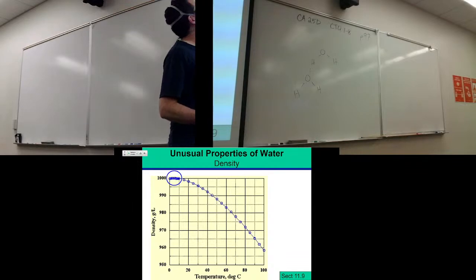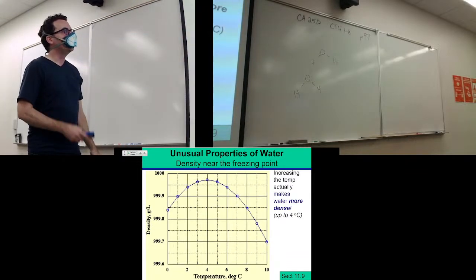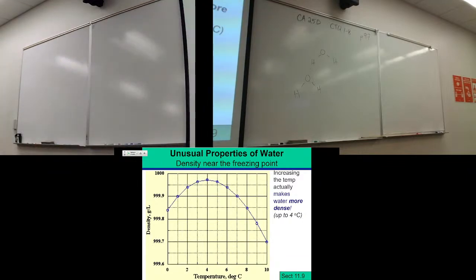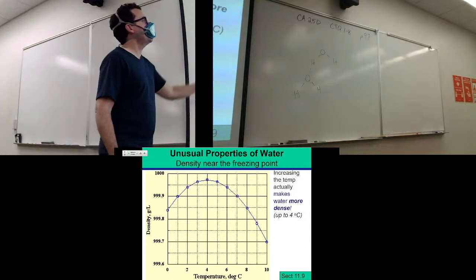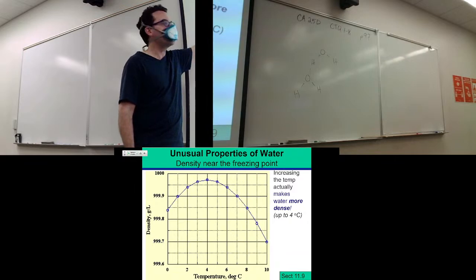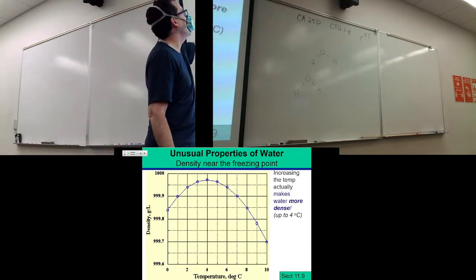But let's look at that very first part. This is for water only. That very beginning has a curve that goes up and then down. This is what's happening when you have ice and it suddenly melts and turns into a liquid. Ice has a certain density, right there.